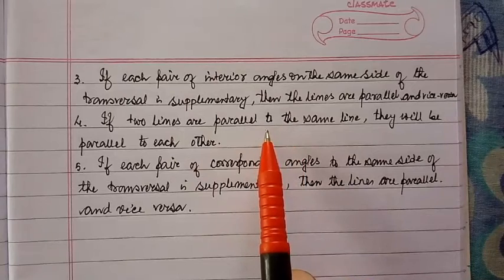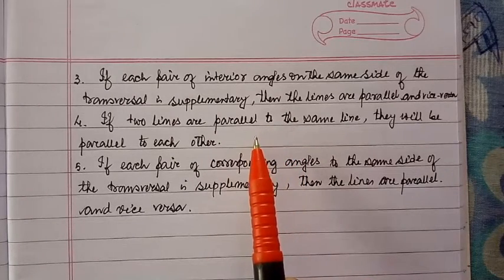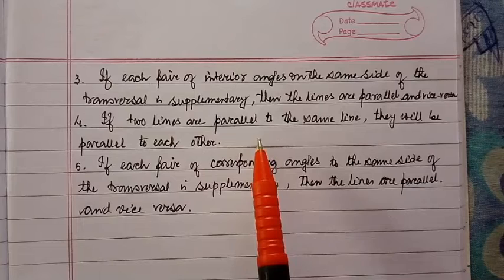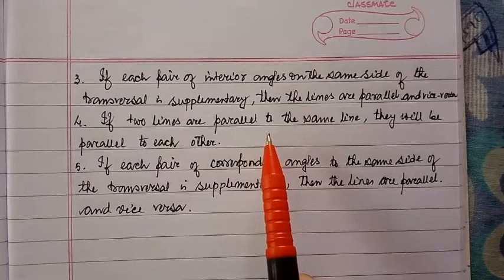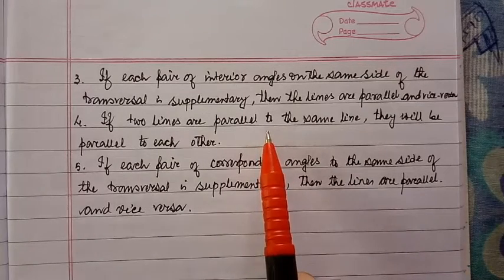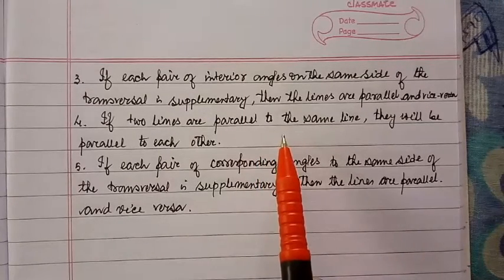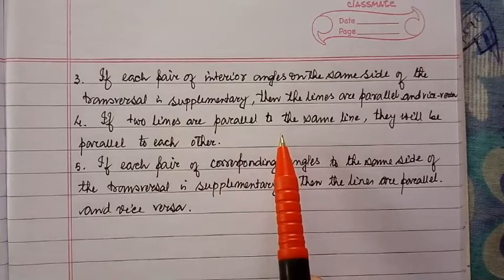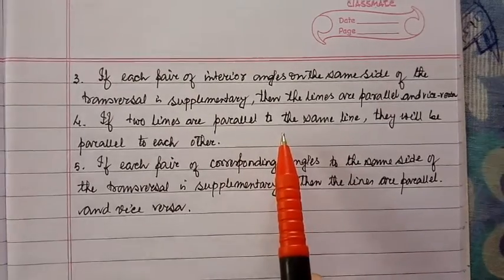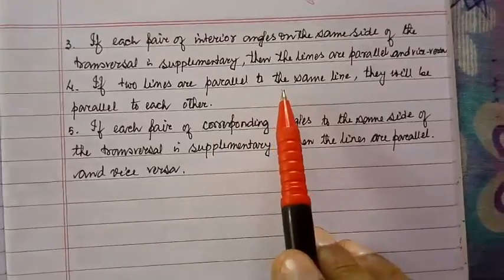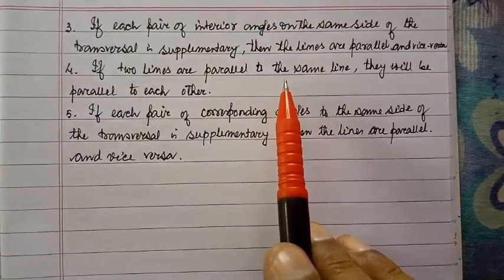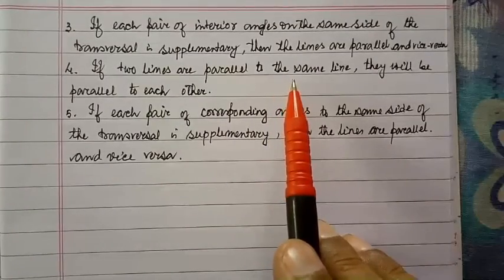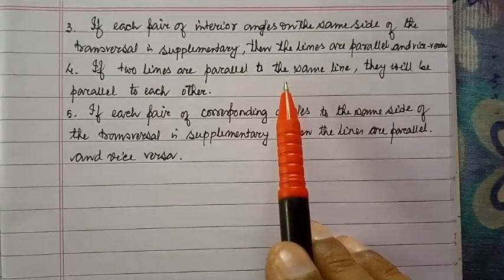It means that if each pair of interior angles on the same side of the transversal, that is, if angle 4 plus angle 5 is equal to 180 degrees, or angle 3 plus angle 6 is equal to 180 degrees, these are supplementary angles, then AB will be parallel to CD.